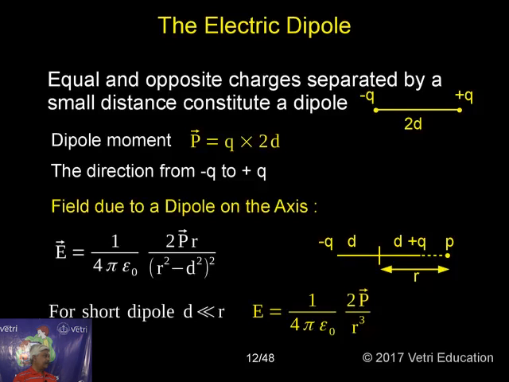Field due to a dipole on the axis. This is the important thing we have to understand. What is the electric field at a point on the axis of a dipole? Very similar to magnetism, the electric field on the axis. So take a dipole.